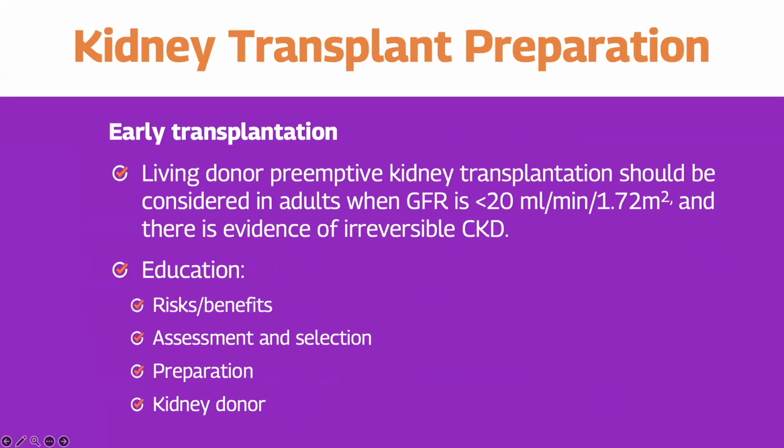It is transplantation prior to dialysis. KDIGO guidelines advise that living donor preemptive kidney transplantation should be considered in adults when the GFR is less than 20 and there is evidence of irreversible CKD. A nephrologist will refer the potential preemptive transplant candidate to the transplant team.